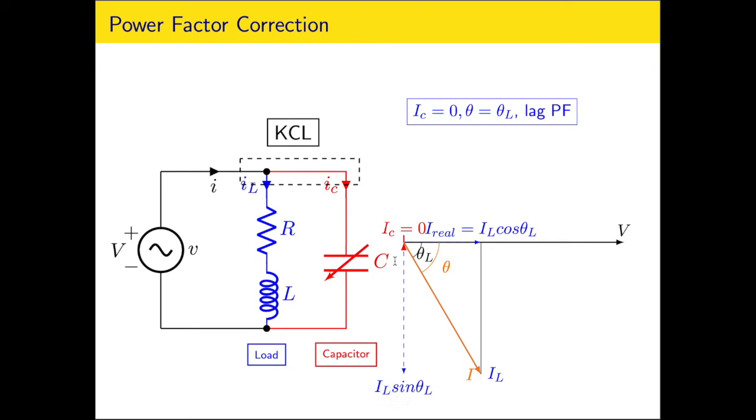So let's say this is the arrangement, and the power factor compensator is represented by a variable capacitor.